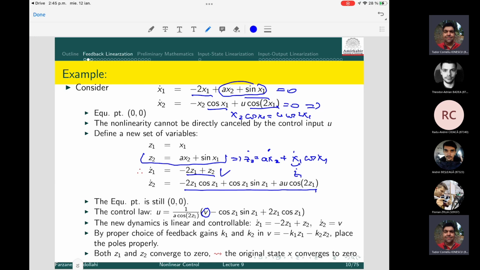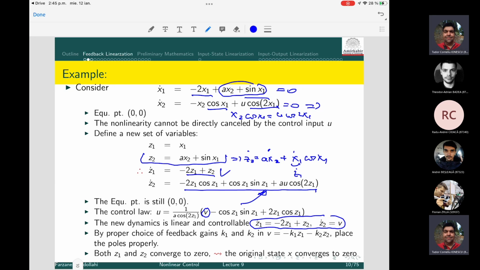In the new dynamics, this is what you get. So if you substitute U into this guy, you have a lot of simplifications and a lot of canceling of terms. And finally, you get this very simple system.